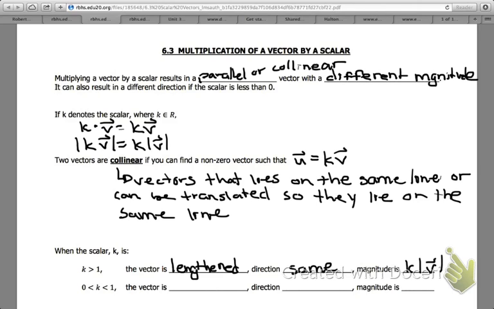Now when k is between 0 and 1, so therefore when it is a fraction, the vector is shortened. So it's like it's compressed. And our direction is still the same here. And our magnitude, again, is just our scalar k times the magnitude of our vector here.